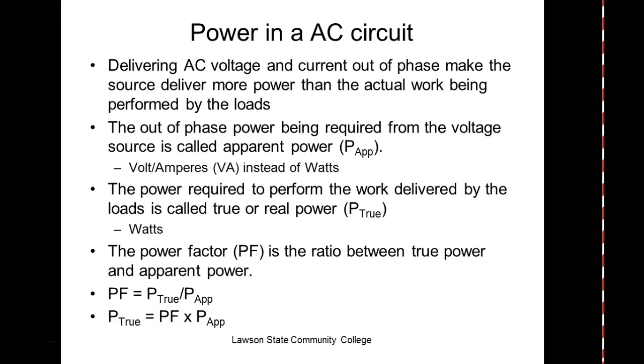Well, what we find out is capacitors and inductors cancel each other out. So in the substations, they have a dynamic unit that switches capacitance in and out of the circuit to compensate for the power factor.